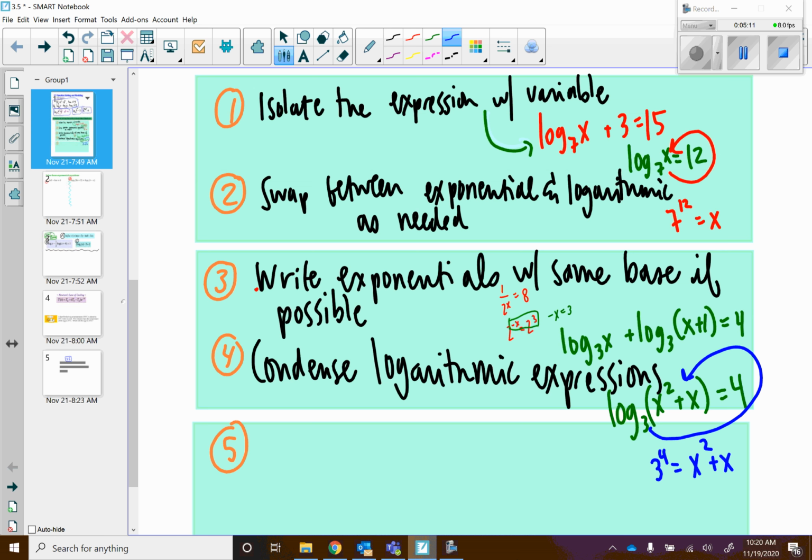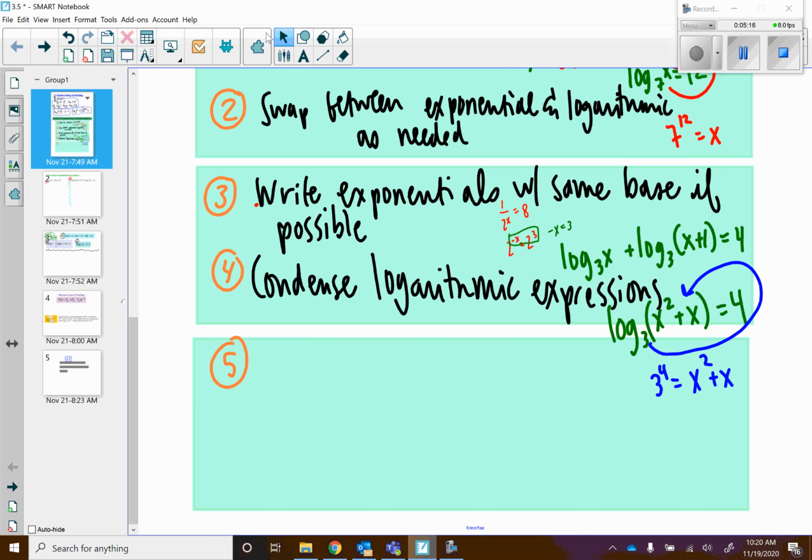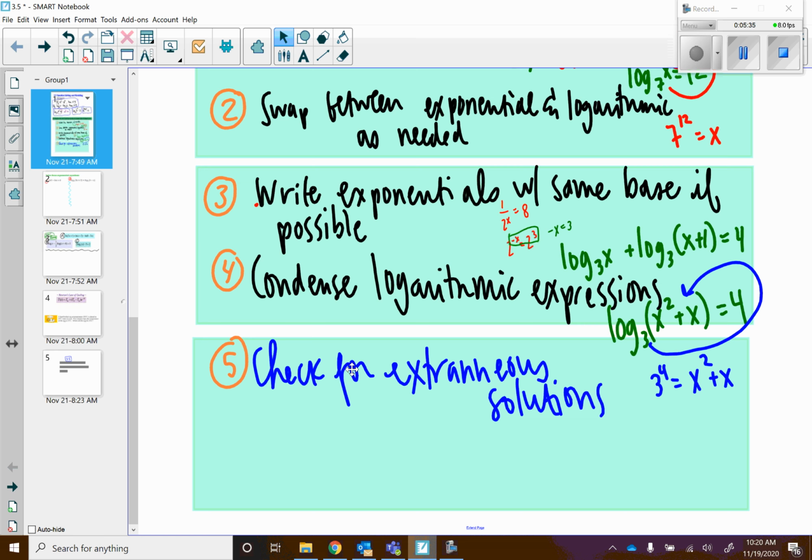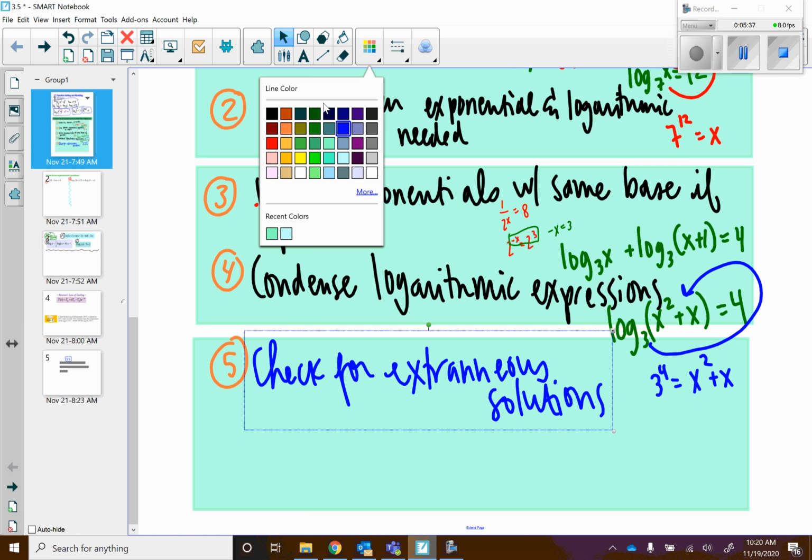And then the last tip here for solving is you always, always, always want to check for extraneous solutions. As a reminder, these are solutions that come from the way we solve, but that are not actual solutions.